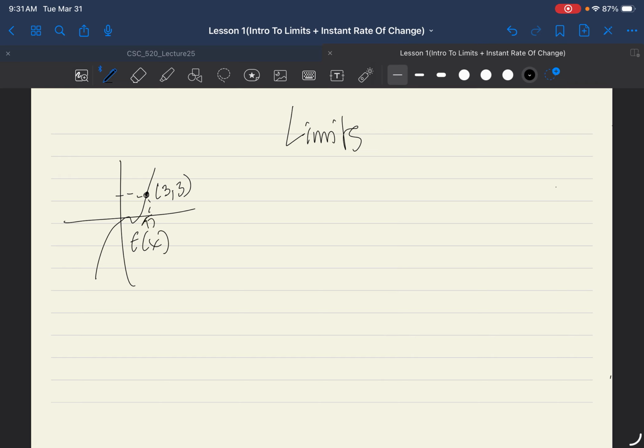As the graph of this function f of x approaches 3, the function is going to go to 3. So as x approaches 3, f of x will be going to 3, right? So we call this a limit. The limit as x approaches 3 of f of x is equal to 3.